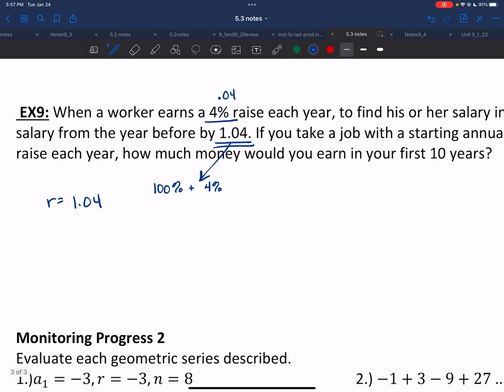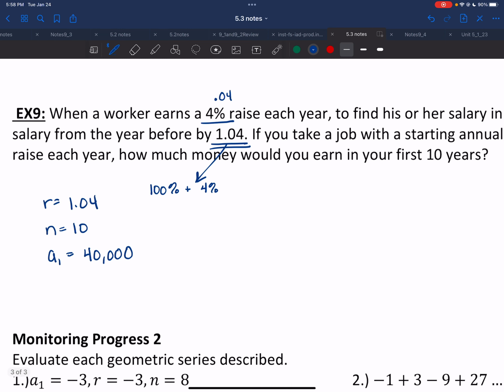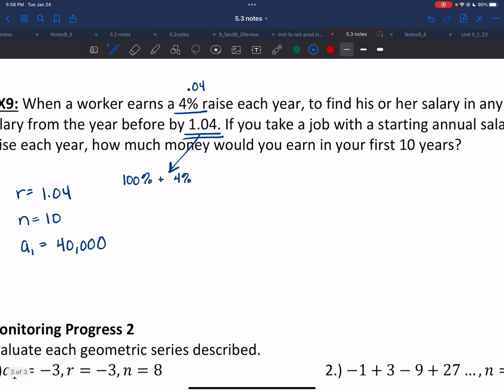Well, there's my clue. I have 10 years that I'm recording, and my annual salary starting out is A1. That's $40,000 as my starting term. Don't get excited about the large number. This is accumulated over 10 years. This isn't counting any bills or taxes that you have to pay.